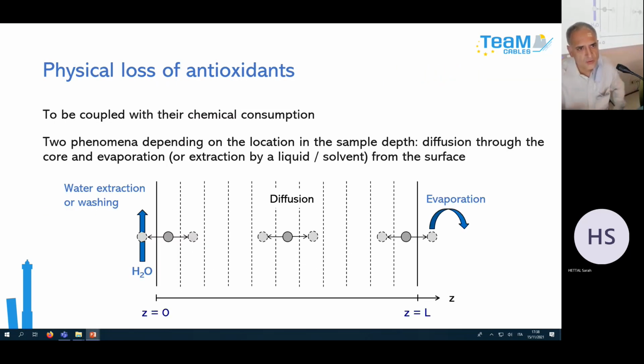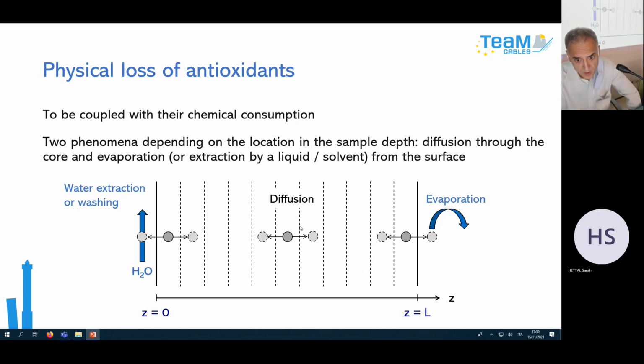So now, just to finish my presentation, I want to insist on the fact that the depletion of antioxidant is not only due to chemical consumption by stabilization reactions, but it can also be due to physical loss, which is represented here. You have two mechanisms depending on the location of the antioxidant molecule in the sample depth.